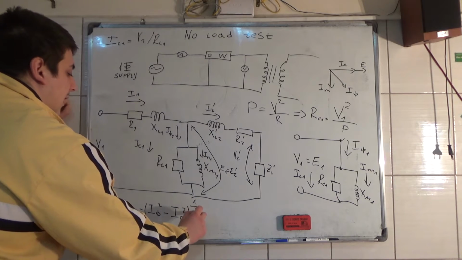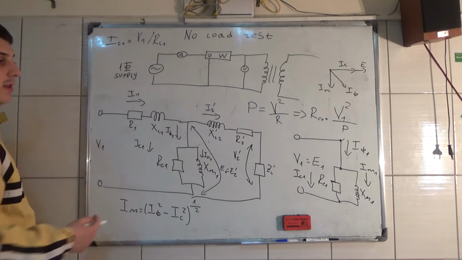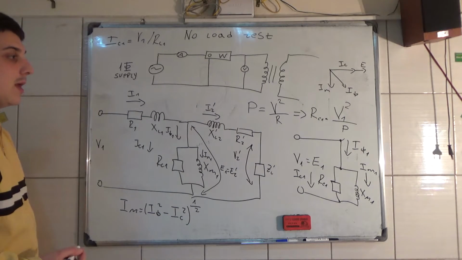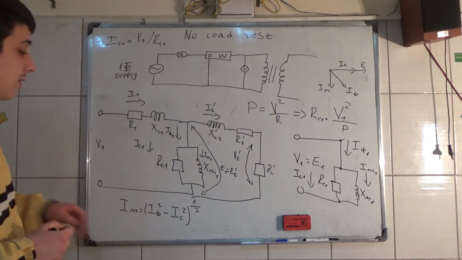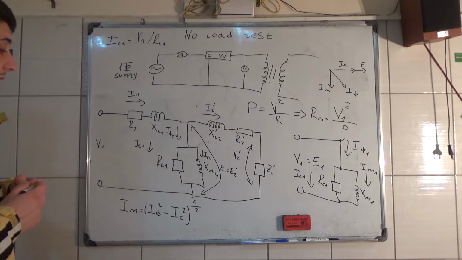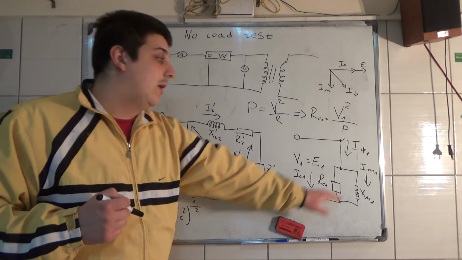This is the Pythagoras theorem, and this is the value that we calculate. This is how we calculate the magnetizing current over here.